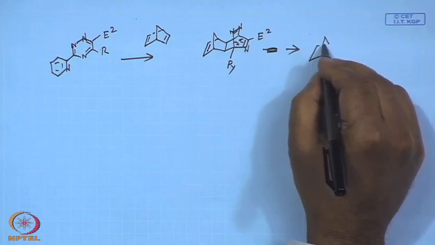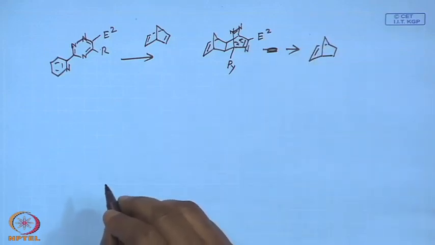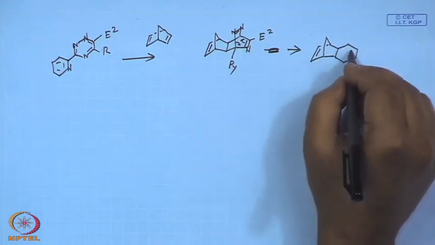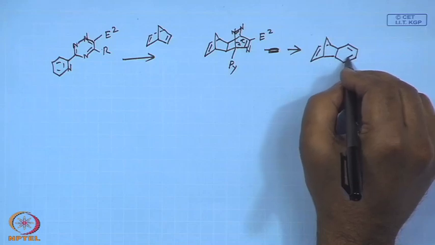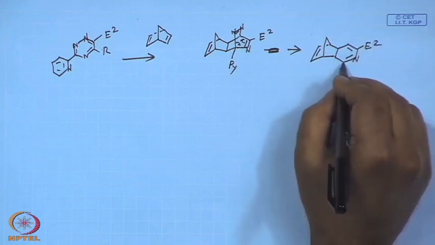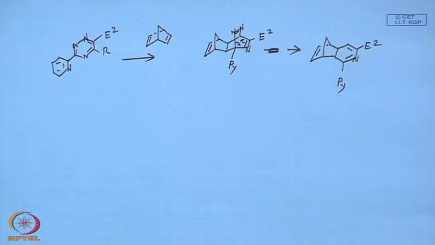So, what will you have? You will have a double bond here, then again a diene system here, the nitrogen and E2, and a pyridine nucleus hanging at the bottom.